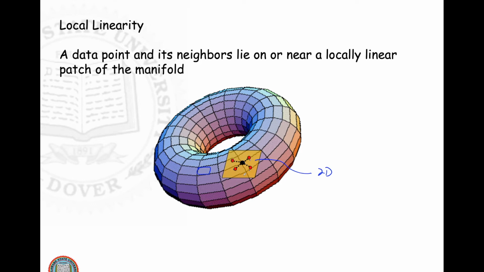And so how we're going to do this is by maintaining a property, and that property is going to look at the relationship between a point in the center, some x, and all of the points nearby it. But if you assemble enough of these small two-dimensional patches, you can represent very nicely the surface of this manifold.